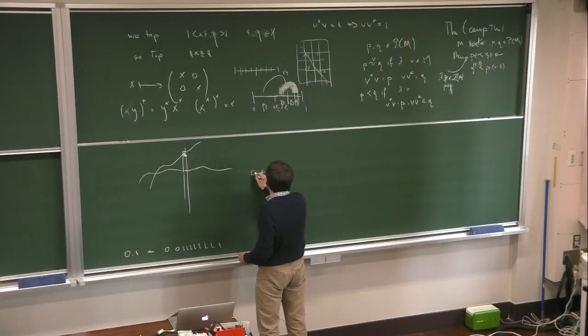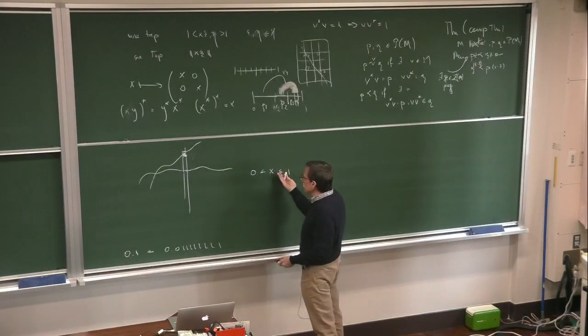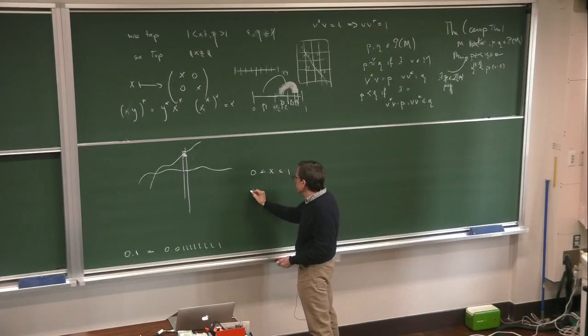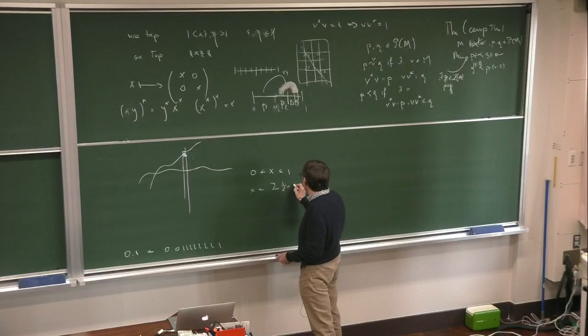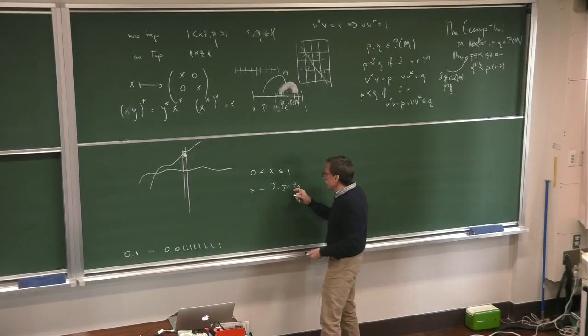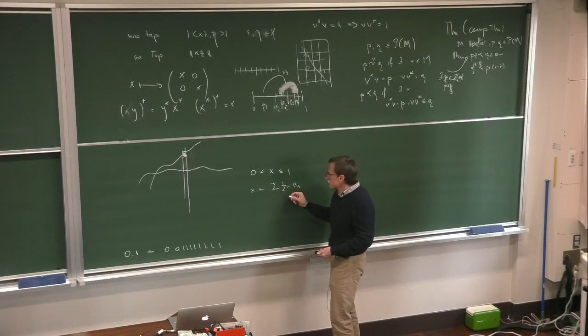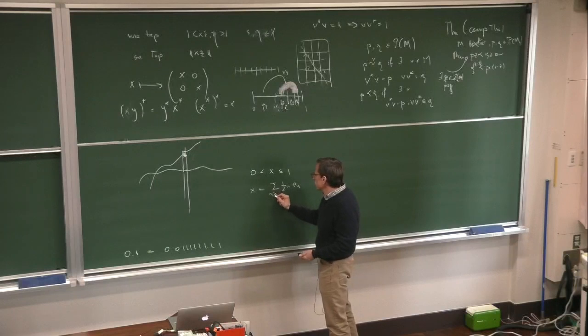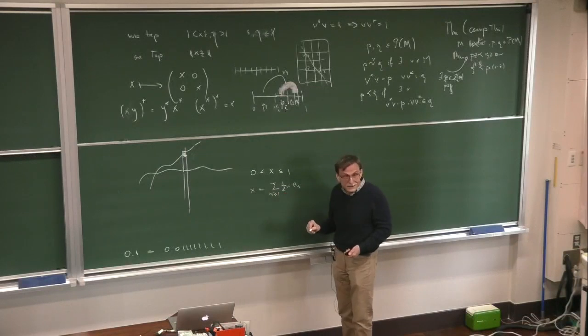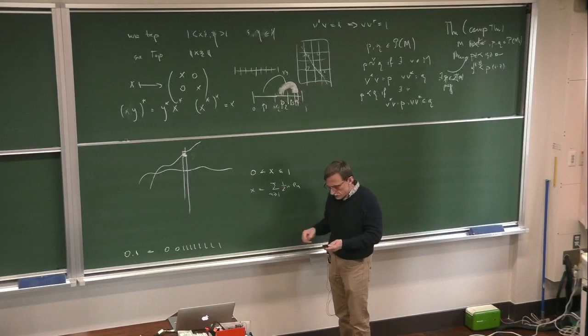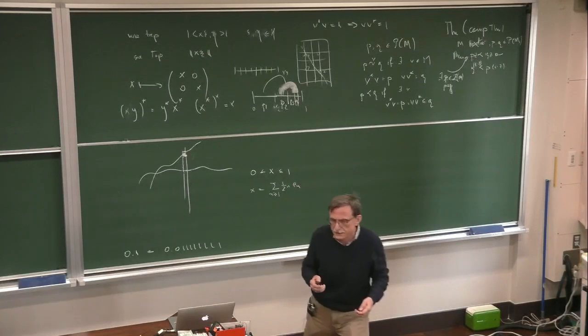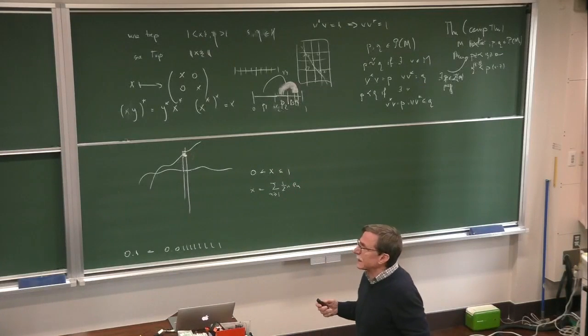If you have an operator, so it's in B of H, but also in a von Neumann algebra, you write it in this manner, for some projections E_n. This is called the dyadic decomposition of X. You have a unique way of doing that by spectral calculus.